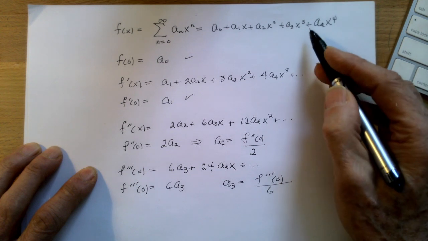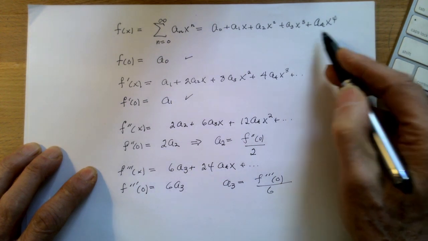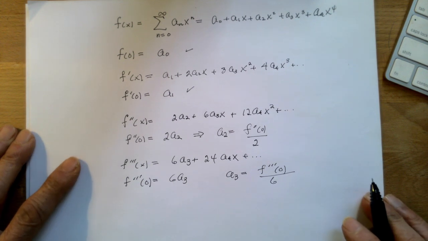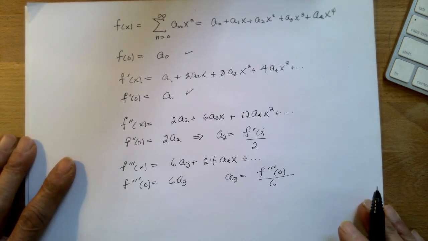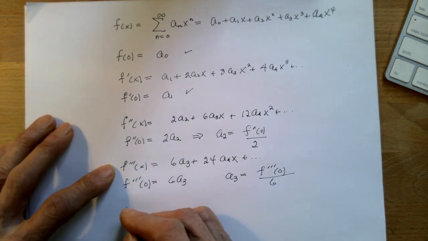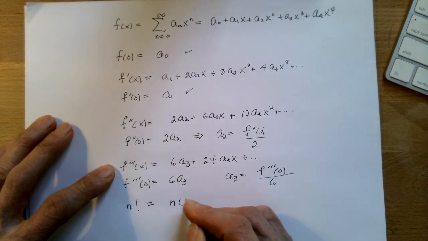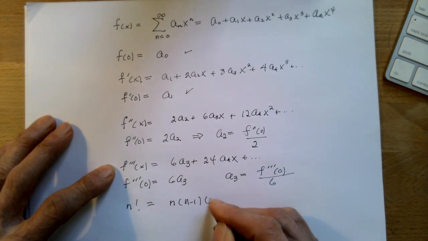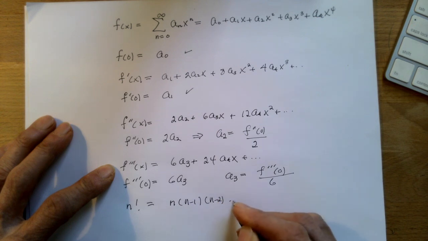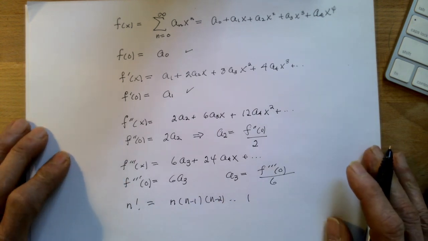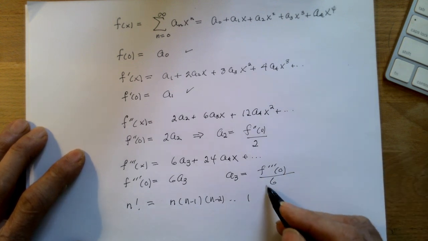And then one more derivative, 4 times 3 times 2 times 1. There's a special name for that kind of number, and that's called a factorial. So we define n factorial to be n times n minus 1 times n minus 2 all the way down to 1. So 5 factorial is 5 times 4 times 3 times 2 times 1. So you'll notice that these numbers in the bottom really are factorials.